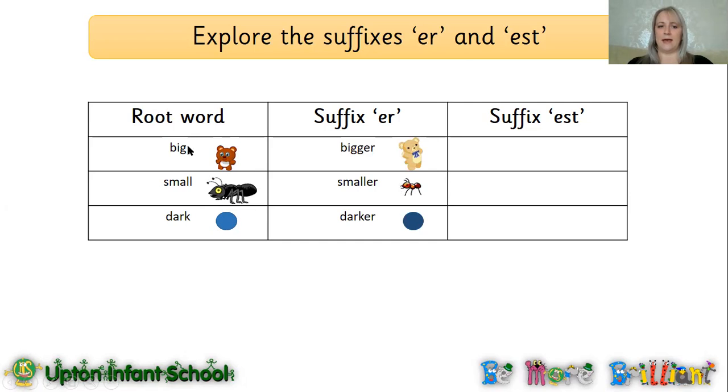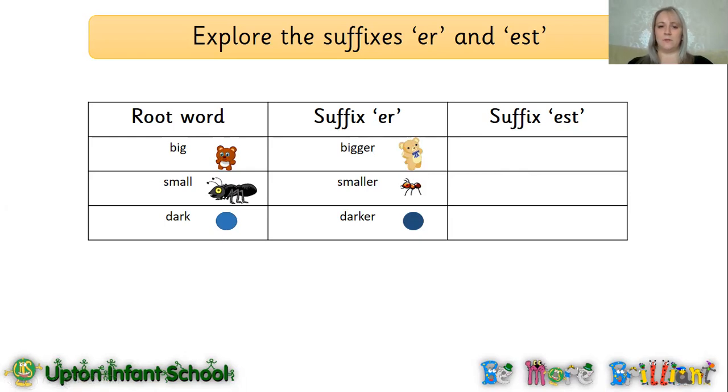So just by adding that suffix, I have changed the meaning of these words. I've given you a better understanding of what these images look like. I can do this again by adding est. So instead of adding the er I could say I have the biggest bear, I could have the smallest ant, or I could have my darkest shade of blue.